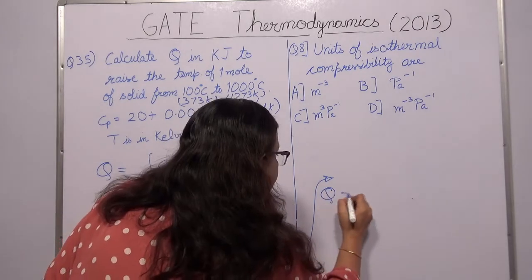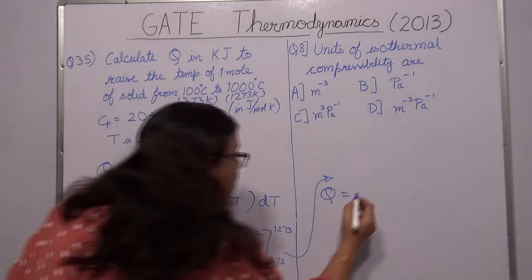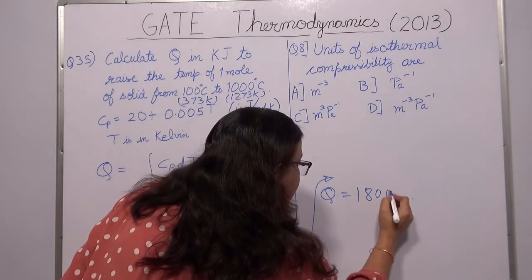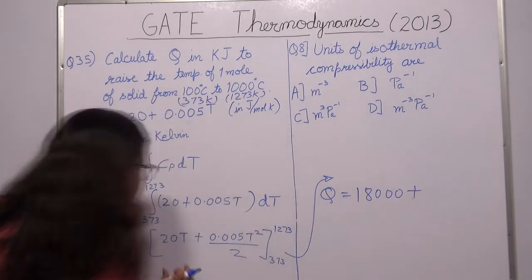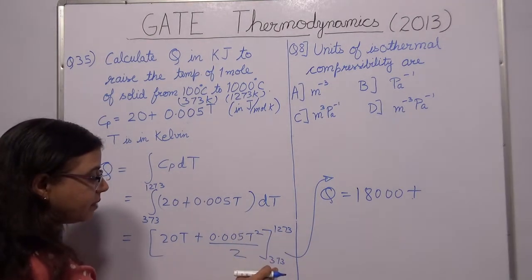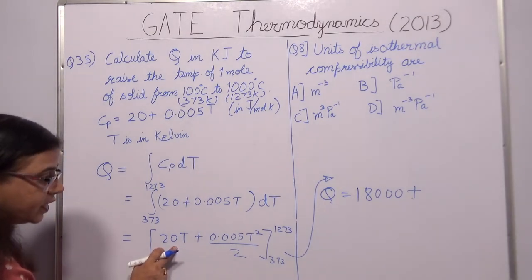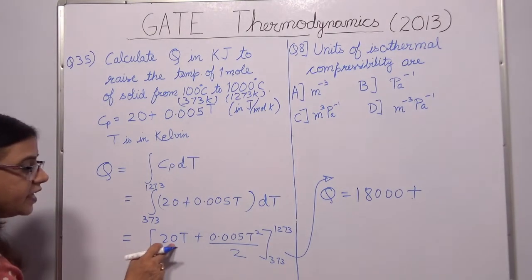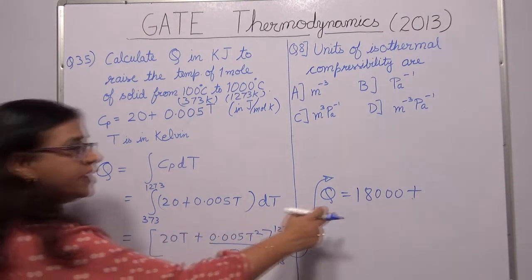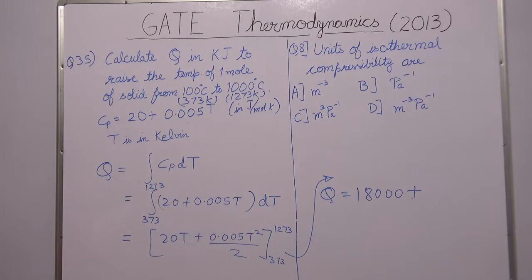So Q is equal to 18,000 plus, so if I do this, how much it will be? 1273 minus 373 multiplied with 20. So this will be 900. 900 into 20, that will be 18,000. So the first term is 18,000.